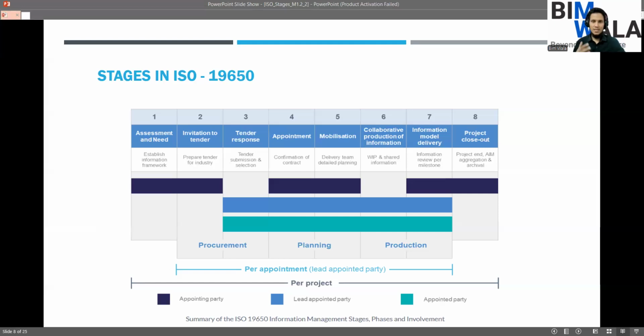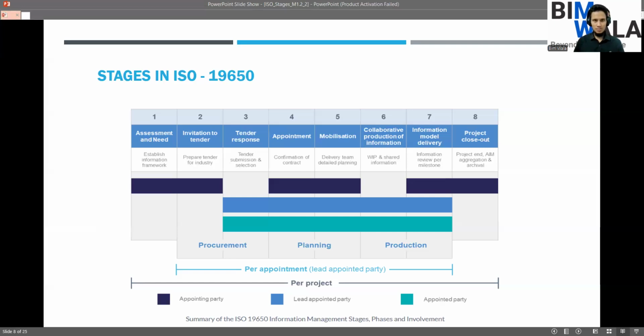The client or the organization is ready with information requirement, precisely known as EIR, employer's information requirement. Now they have established: this is our requirement and why we would like to implement BIM. What are the goals? What are the uses? At what level we want to implement them? Those sorts of information.